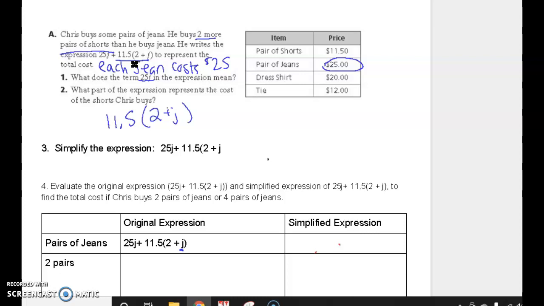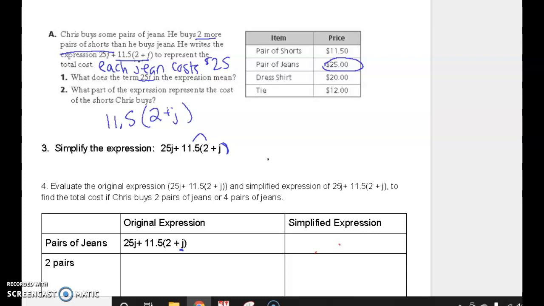So the first thing number 3 says to do is simplify this expression. Now we're missing a little parentheses there, so let's fix this. Let's start. We have parentheses first. So 11.5 times 2, let me put that in my calculator real quick. 11.5 times 2 gives me 23.